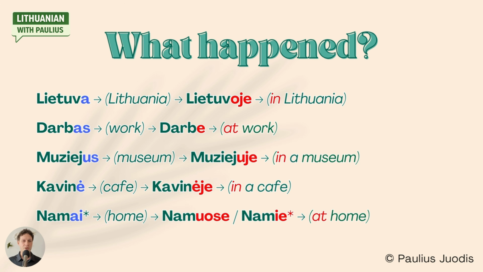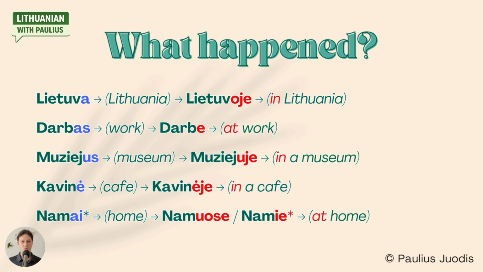Namai is a special place. For this reason, it has a special form, namie. With most nouns, actually all other nouns ending with the ending AI, such as Filipinai, the Philippines, Hawaii, Niederlande, the Netherlands, or numerous other places in Lithuania, such as Šiauliai, we will have the ending uose.